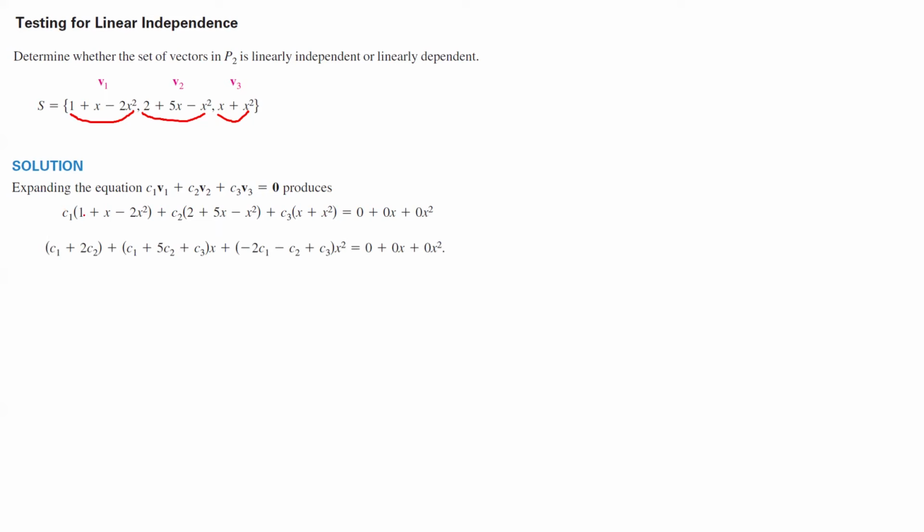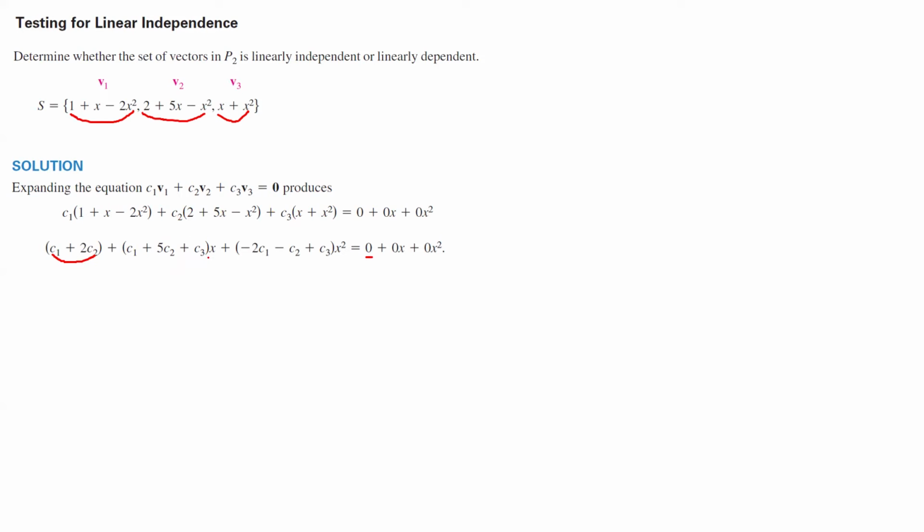Now, if you distribute C1 into the parentheses, you can combine the constant terms. So this guy is C1 plus 2C2. And here you don't have any constant. You only end up with a linear term and a quadratic term. So you have C1 plus 2C2 must be equal to 0. Then for the second combination, C1 times x plus 5C2 x plus C3 x is equal to 0 as well. As you can see, you need to combine the coefficients together.